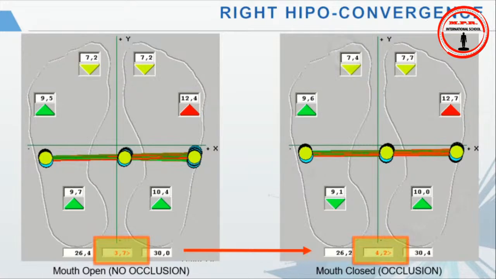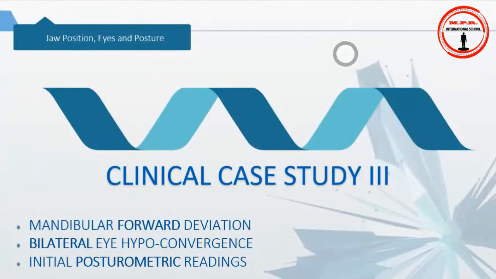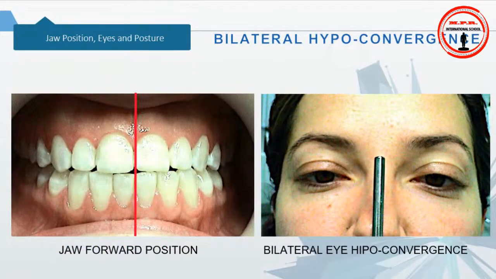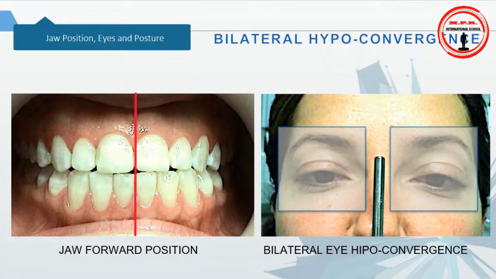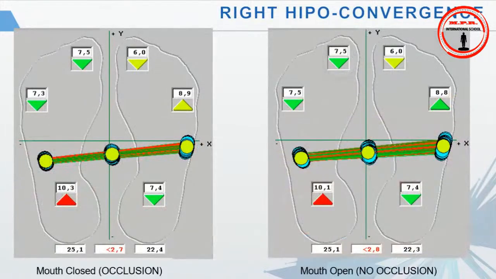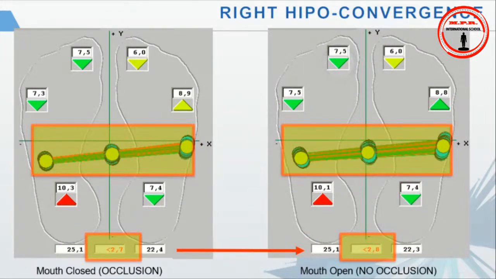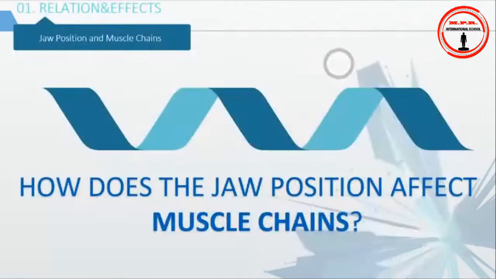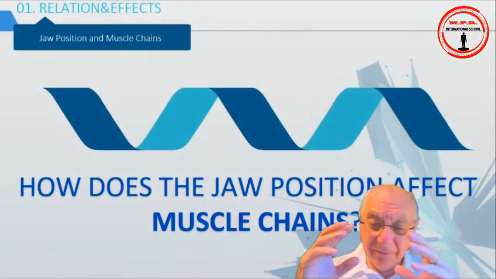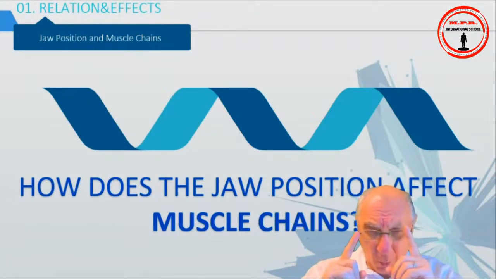Lateral deviation is affecting the overload of the body laterally. And the third case is a forward position. And look at here, bilateral hypoconvergence, no lateral overload, but yes, it's affecting the receptor, forward and back. Imagine how the jaw position is affecting one of the main receptors, the oculomotor system.